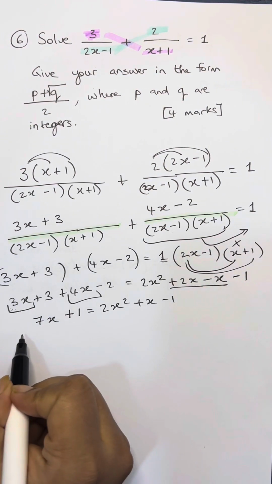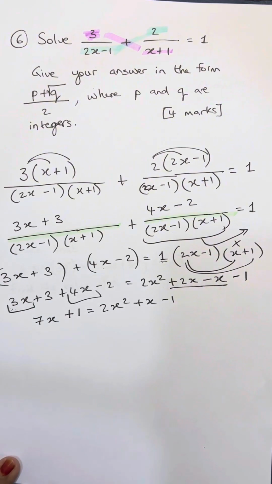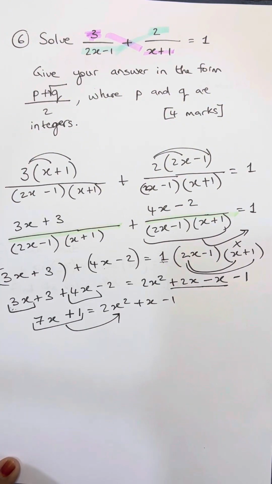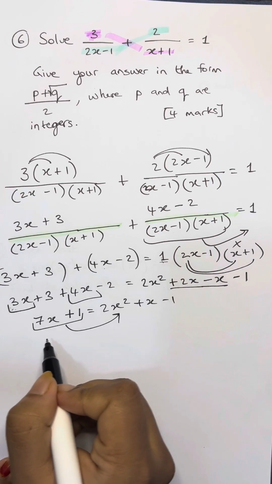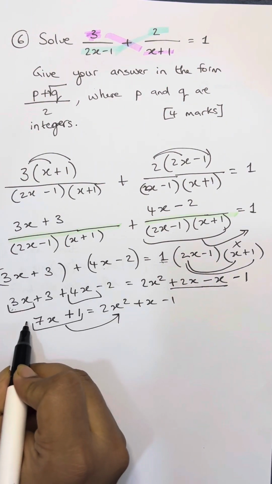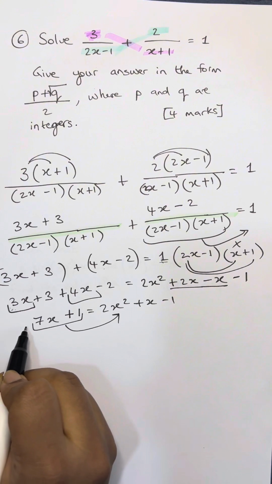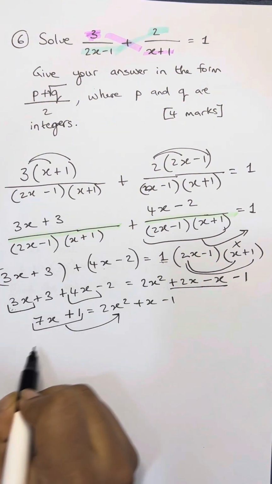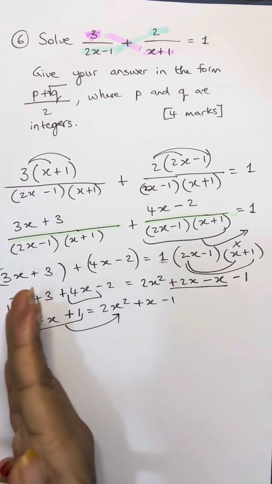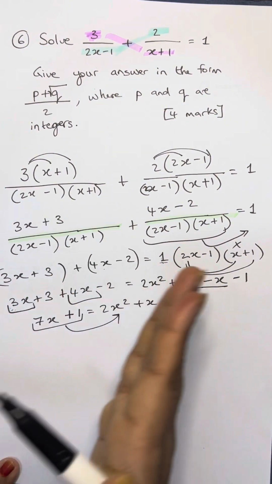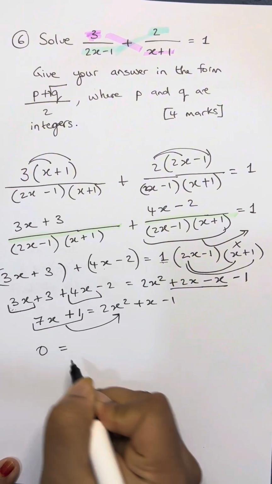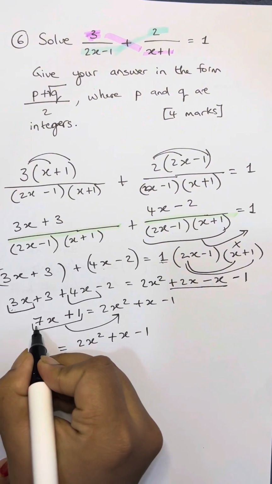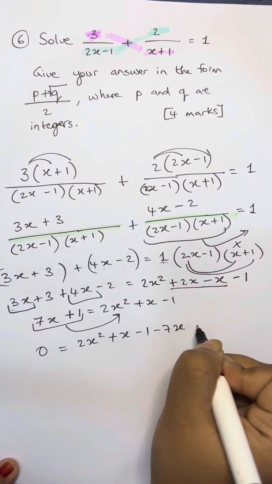In order for this to be a quadratic equation, I'm just going to remove the 7x plus 1 onto my right-hand side, and I'm going to be taking this away because the sign at the front of 7x is plus, and the sign in front of here is plus 1. So that means I need to take them away on both sides, okay? So when I take them away on both sides, this will be 0. And this is going to be 2x squared plus x minus 1 minus 7x minus 1.